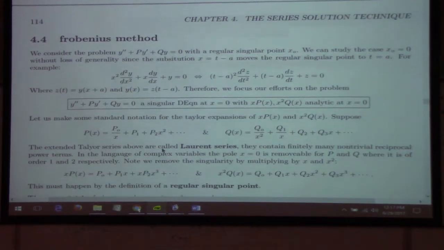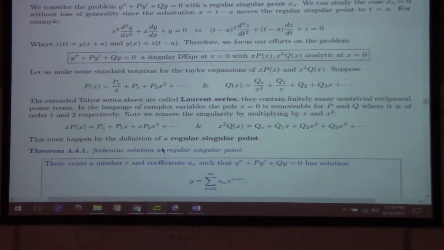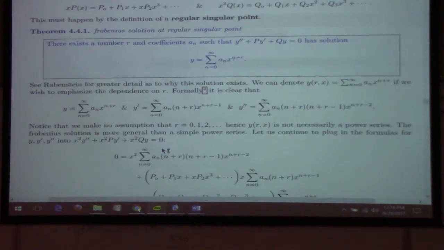More to the point, if we multiply x times p(x), we have this. If we multiply x² times q(x), we have that. All right? Now here's the Frobenius. The Frobenius method is just this at its start. We assume that we can find some number r.